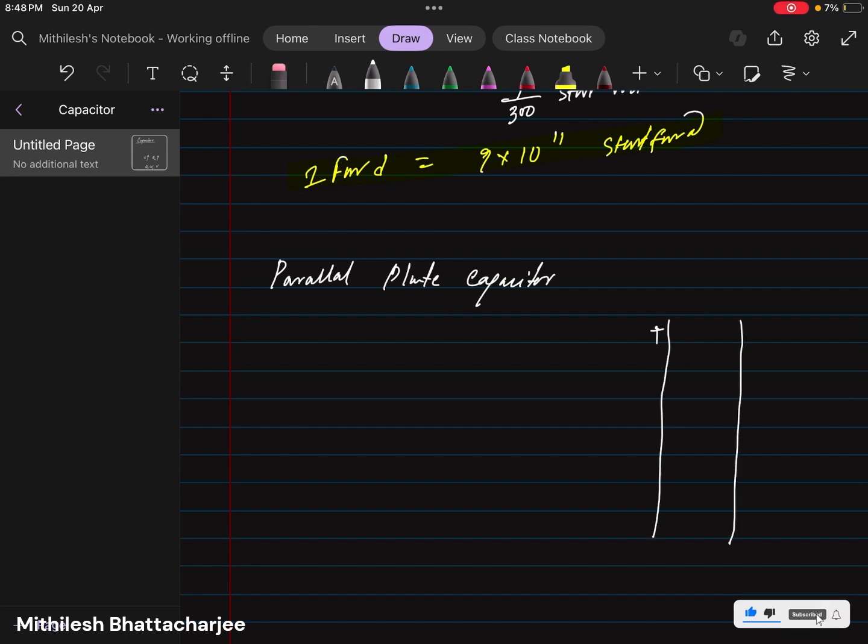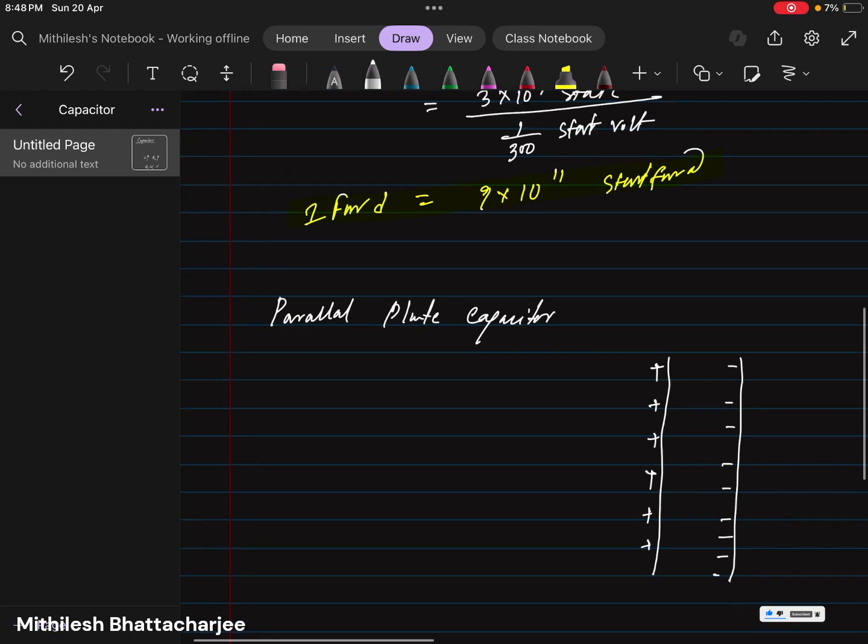This is the positive charge plate and this is the negative charge plate. Fine. Now the vacuum is in between the plates.